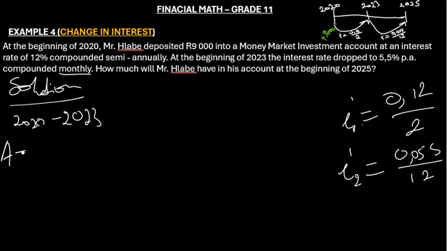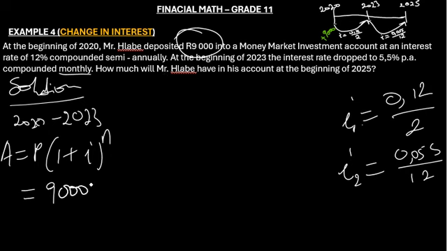P is the money that was initially deposited into the account, so here we have 9,000. Then 1 plus i, which is 0.12 divided by 2, all raised to the power n. 2023 minus 2020 is 3 years, so you say 3 years times 2 since it's semi-annual.